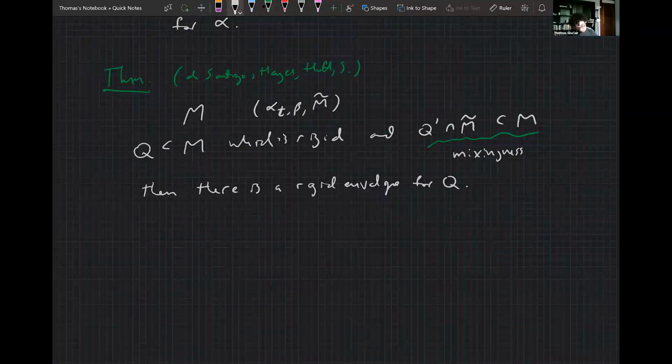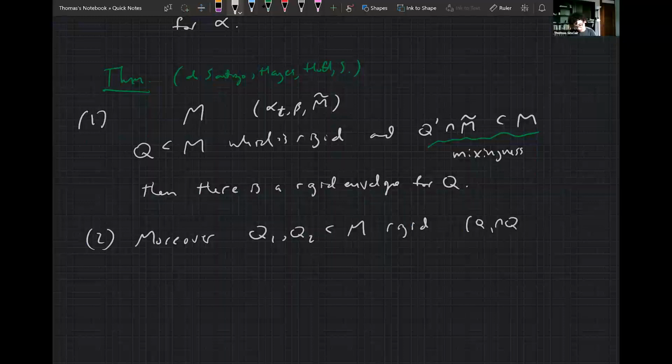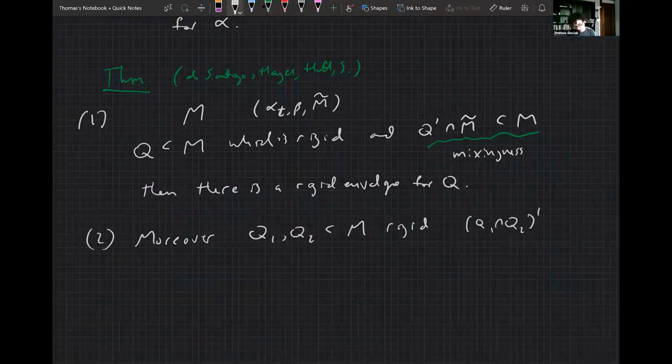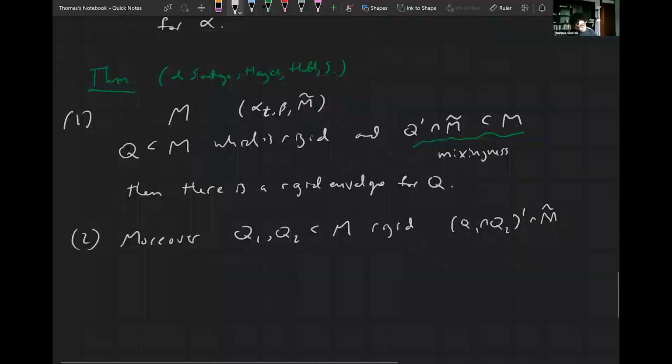If you have Q1, Q2 in M rigid, and their intersection, when you look at the relative commutant of the intersection in M tilde, that's sitting inside of M, then Q1 and Q2 have the same rigid envelope.